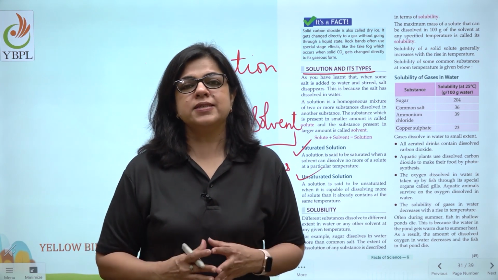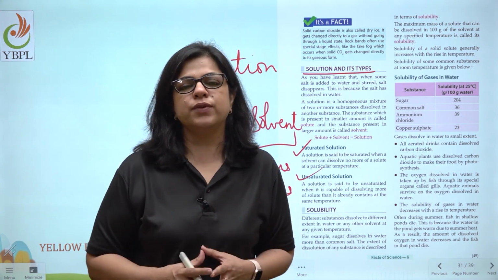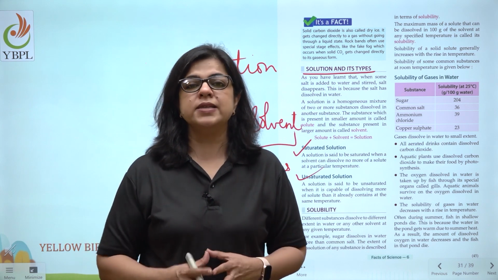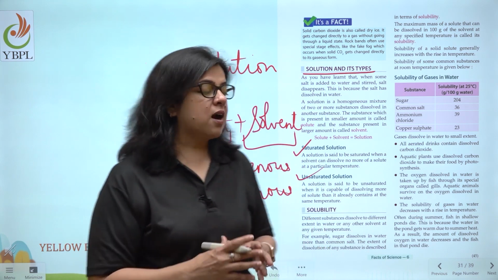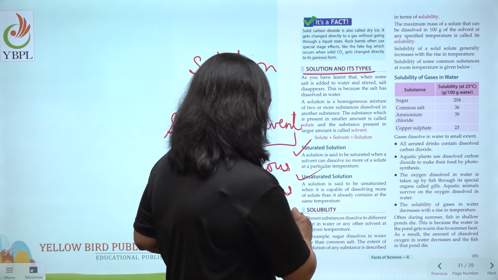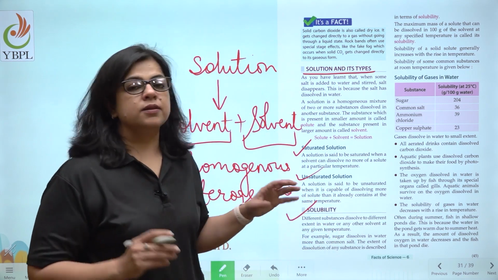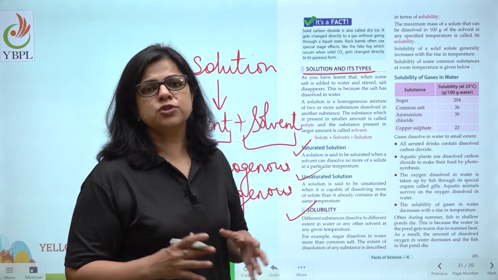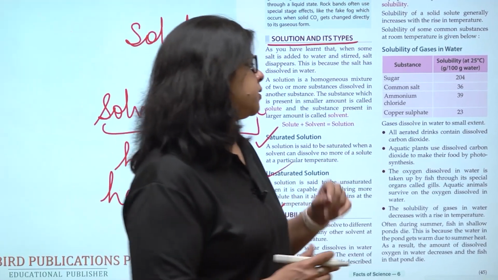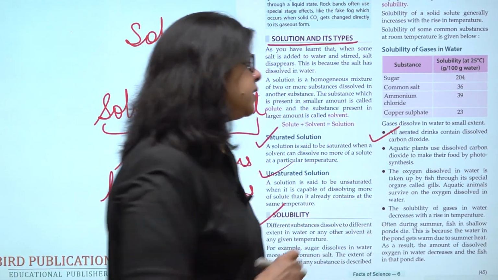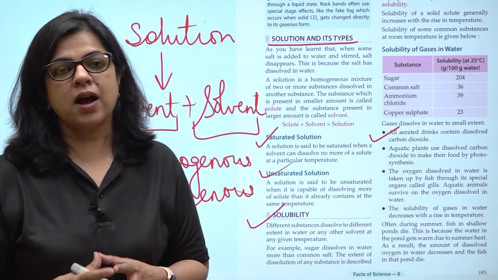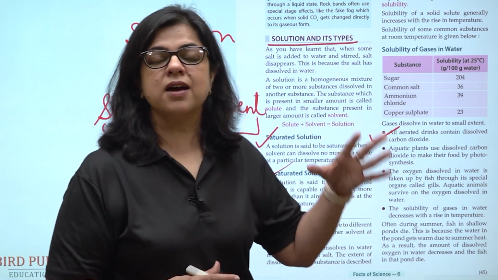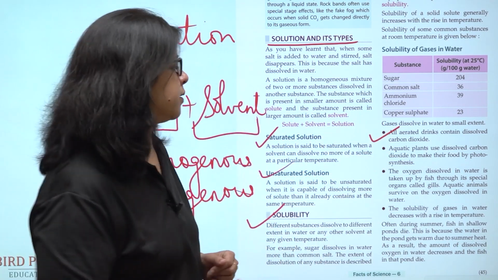Now, sugar is a substance that can easily dissolve in water, and so is salt. So, these are soluble materials. Different substances have got different solubility in water. All aerated drinks contain dissolved carbon dioxide. So, gases are soluble in water.